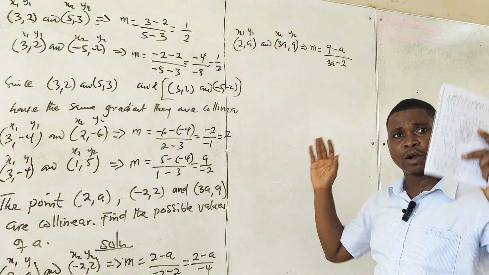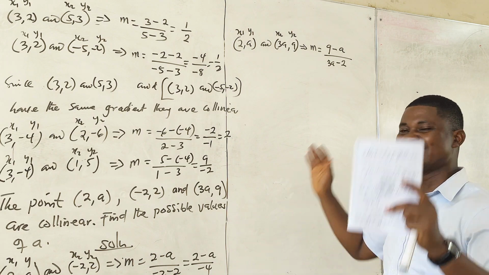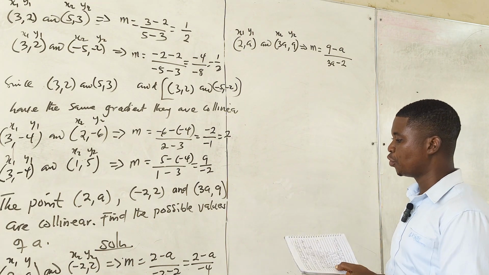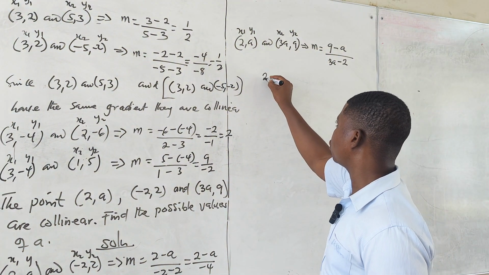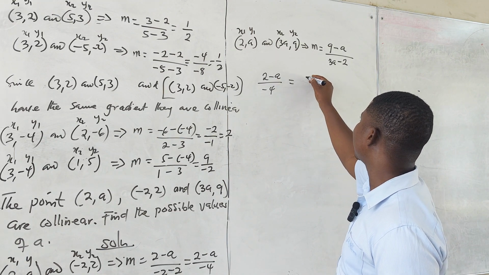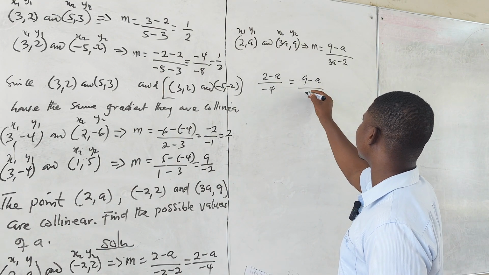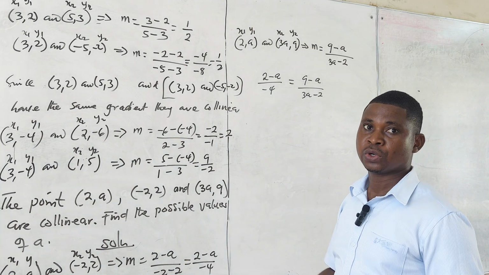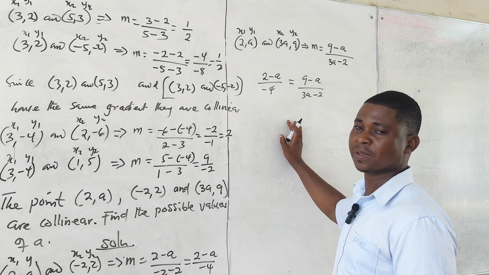But we are saying they are collinear. If they are collinear, it means their gradient should be the same, should be equal. So we can say that 2 minus a over negative 4 should be equal to 9 minus a over 3a minus 2. So the next thing is we can cross multiply that.